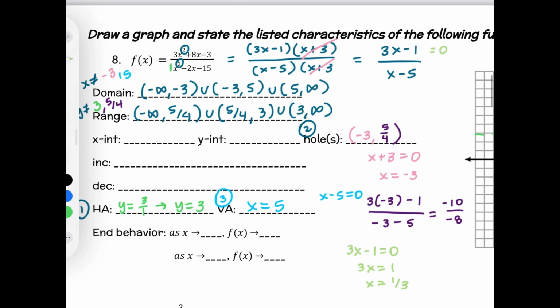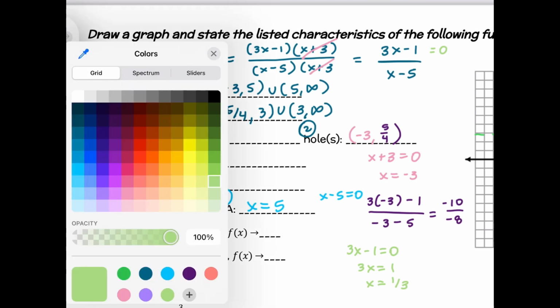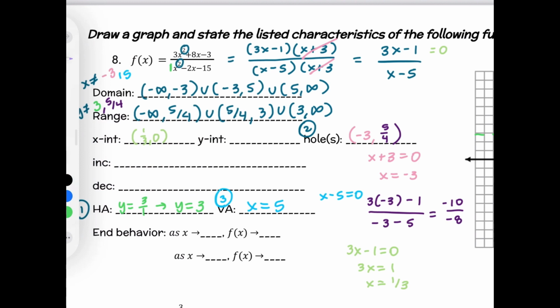Okay, so our x-intercept for that one would be 1/3. And remember that the 0 comes second. And then for our y-intercept, that's going to be whatever we get when we plug 0 in for all of our x's. You can plug it into the original function, or you can plug it into the simplified. It doesn't really matter. You'll get the same thing.